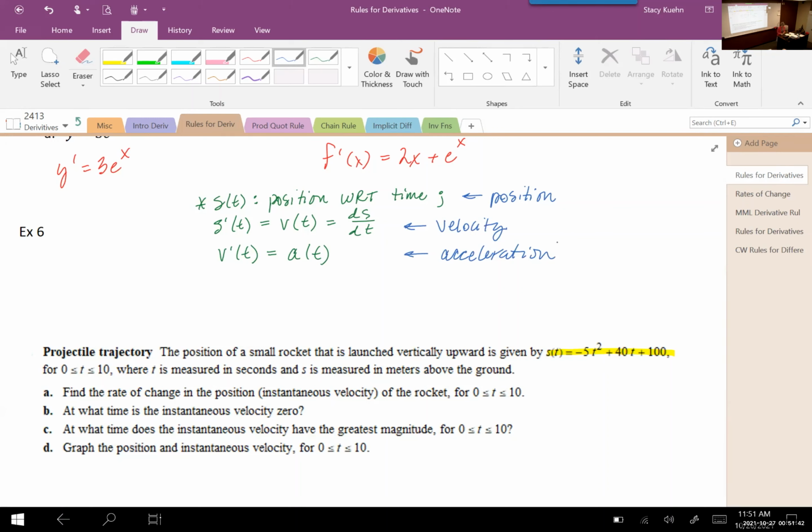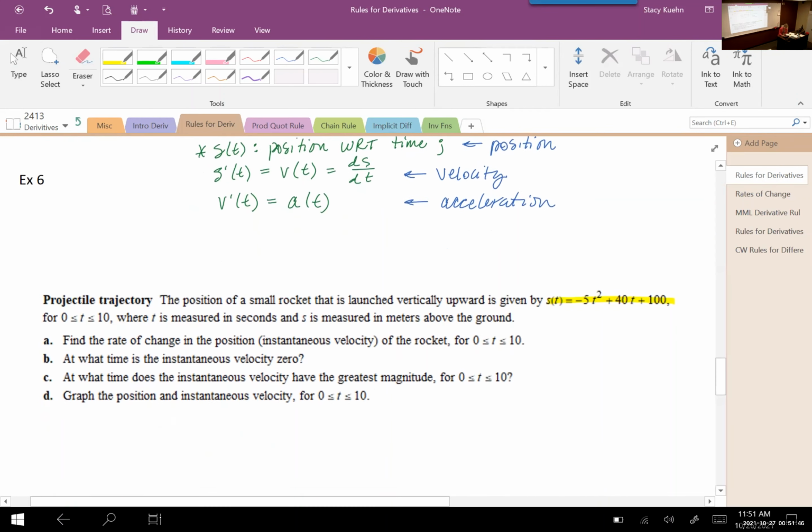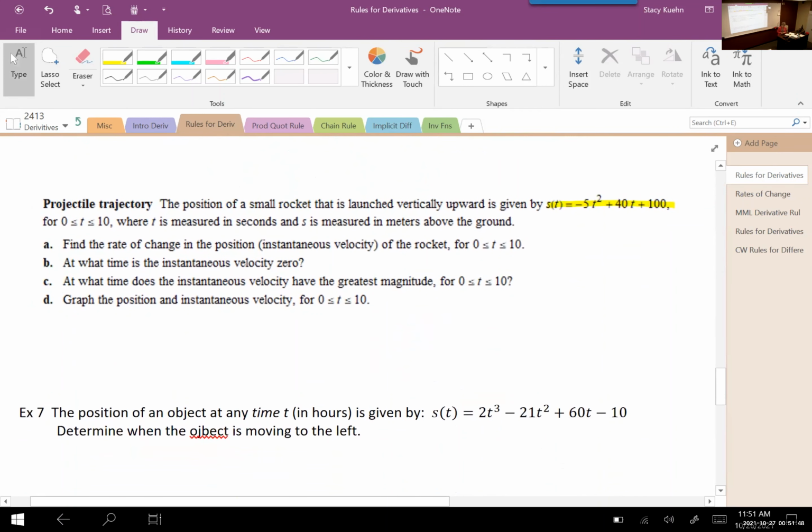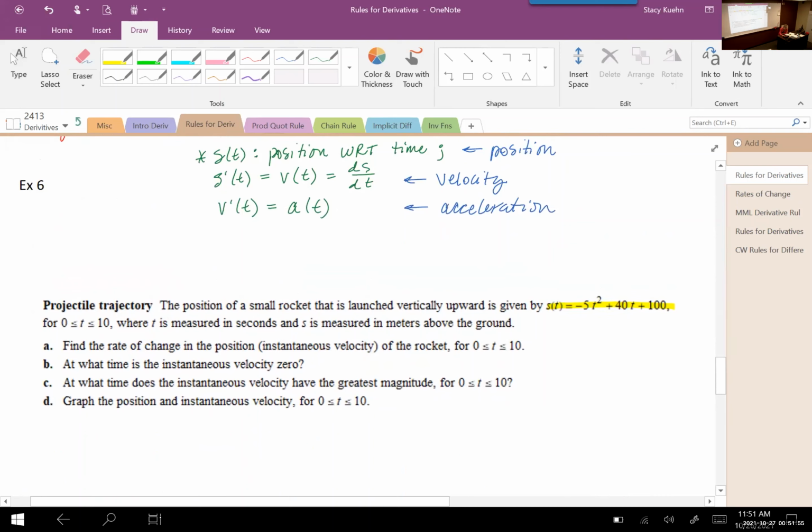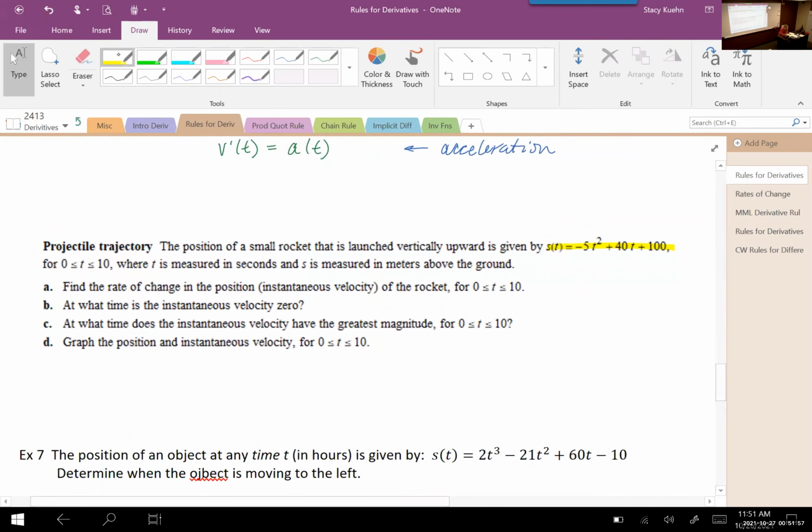We're doing it tomorrow, but that's how they're kind of related, okay? So in this particular question, it says, find the rate of change in the position of the rocket. That question is basically asking you, if you're finding the rate of change of the position, then you're finding the velocity. Finding the derivative of the position function.